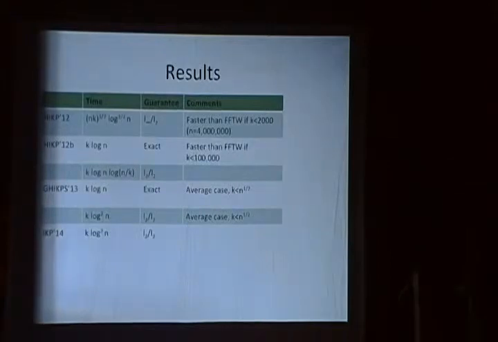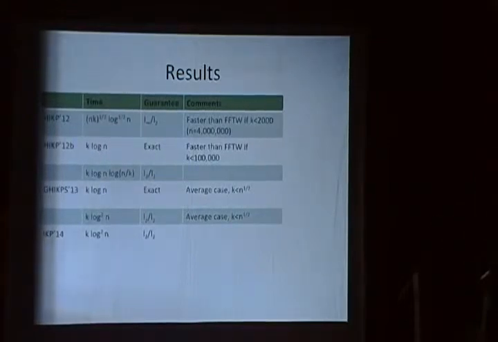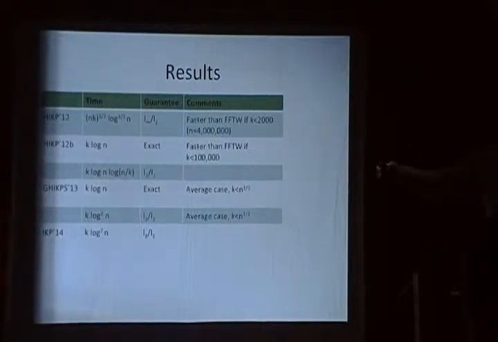In the next set of results, we refocused our effort, and in addition to trying to optimize the time, we also looked at optimizing another important parameter of this algorithm, which is the number of samples that they are taking. In many situations, you don't necessarily care as much about the computational time, but the number of samples that you need to take.